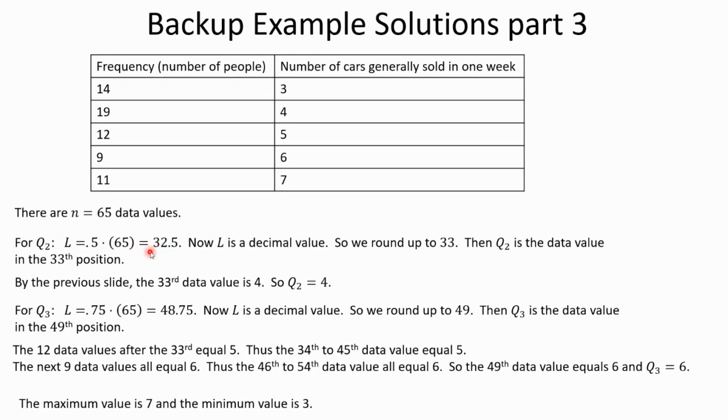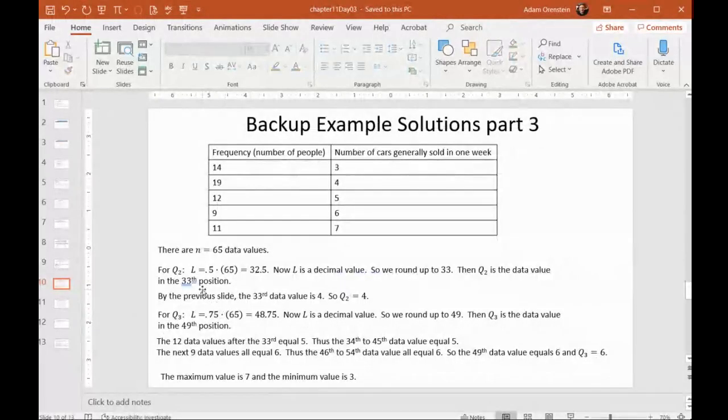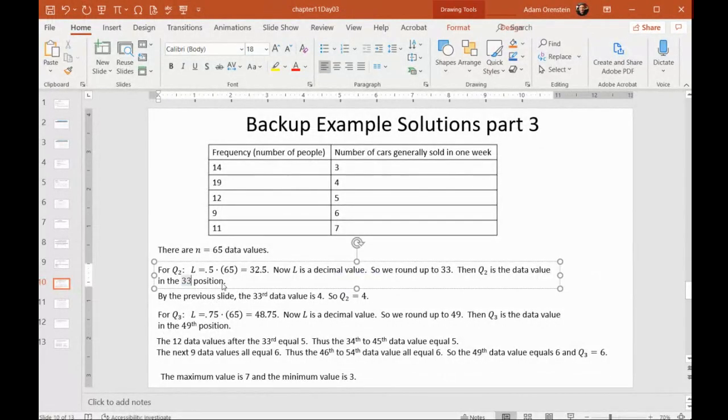So because of that, we would round up to 33 because this is a decimal. So the 33rd data value, that is the data value in the 33rd position, is our median.